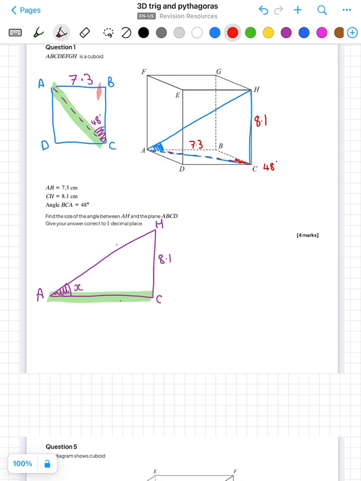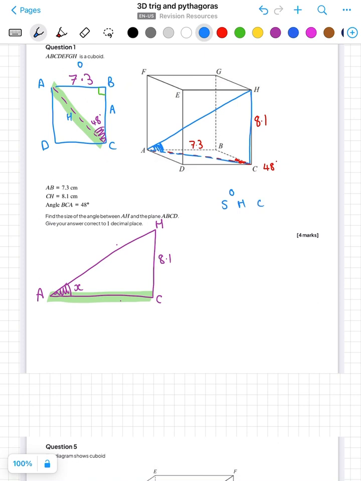Now we know that looking at our square means that we have right angles. So we're going to be using SOHCAHTOA. So here's our angle, this is the opposite, this is the adjacent, and this is the hypotenuse. For this first triangle, we want to find the length of the hypotenuse, and we know the opposite. So we're going to be using SOH.